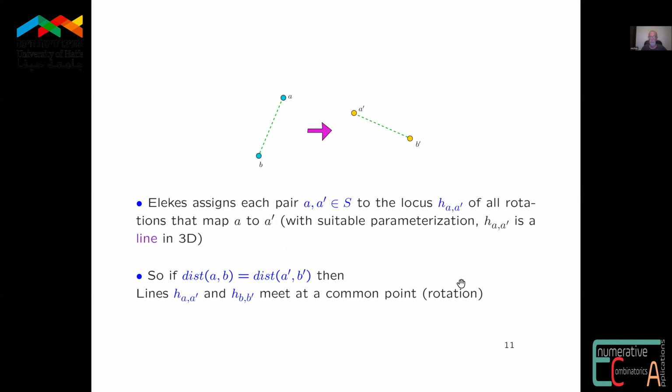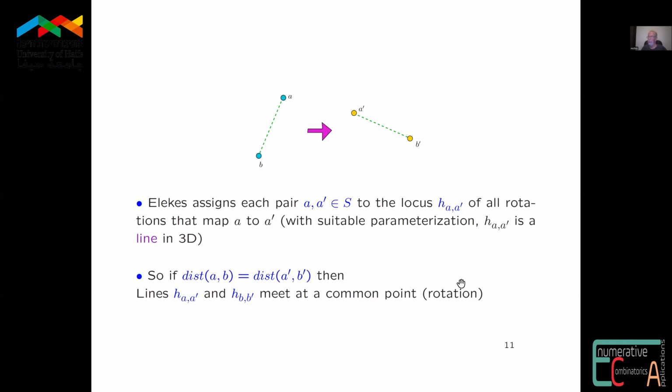So Elekes' idea was to take a pair of points A, A prime, and associate with it the locus of all rotations that take A to A prime. As it turned out, with a suitable parameterization, this is actually a line in 3 dimensions. So if a pair AB is mapped into the pair A prime B prime, that means that the line h_AA' and the line h_BB', which are lines in 3 dimensions, so in general they are not supposed to touch each other, do touch each other at the common rotation that takes A to A prime and B to B prime.